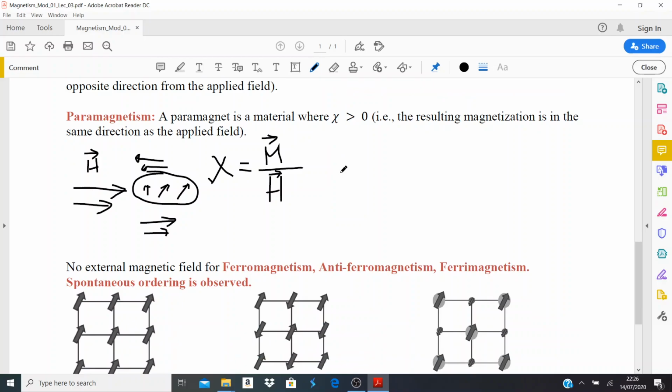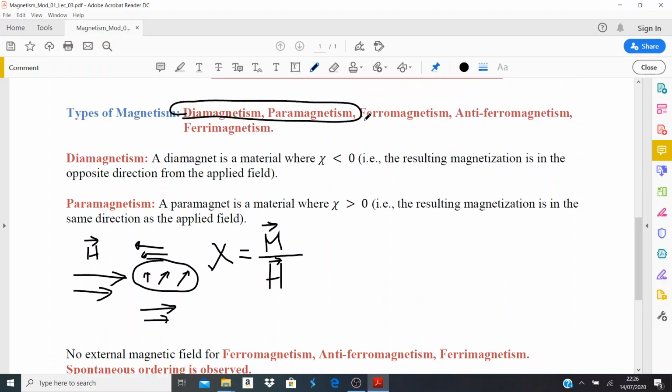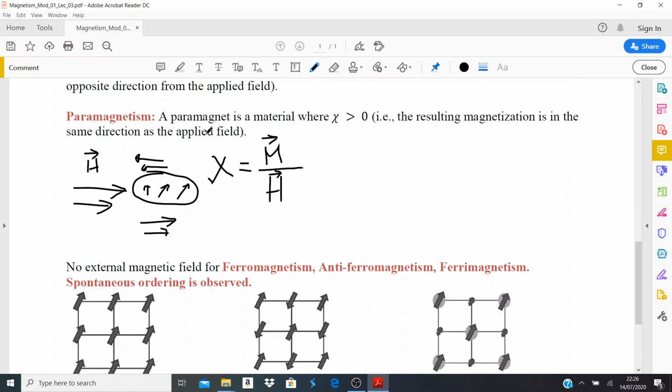But for the rest of the three, ferromagnetism, antiferromagnetism, and ferrimagnetism, one important thing to understand is that we don't need any external magnetic field. For some reason, we will see in future lectures what causes this alignment, but the central point I want to emphasize here is that for these three, we don't have to apply any external magnetic field.